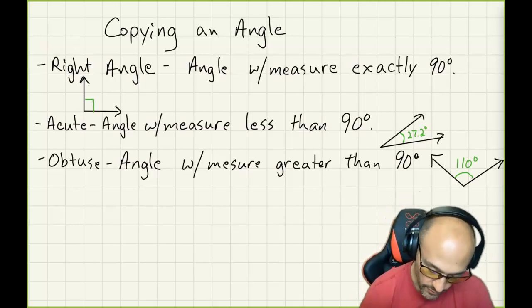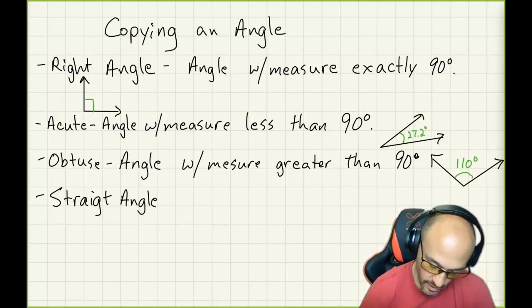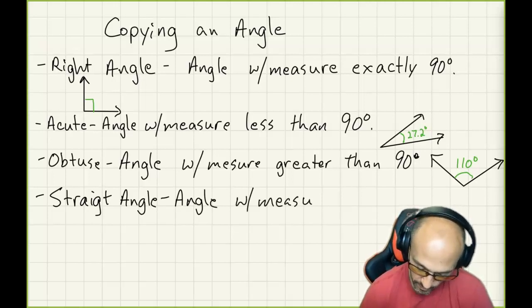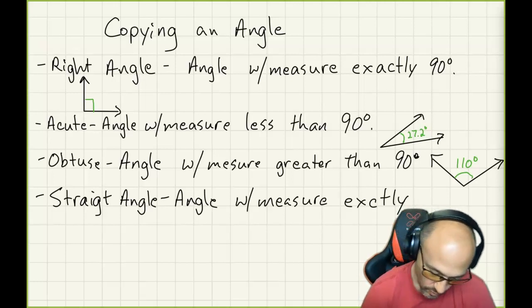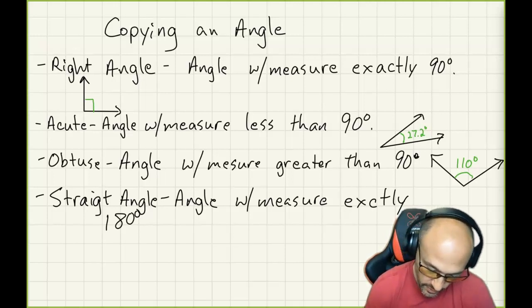And there is one more kind of angle that we need to know. It's called a straight angle. And it is an angle with measure exactly 180 degrees. And so it looks like this.